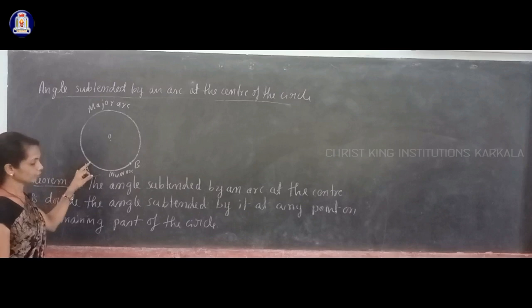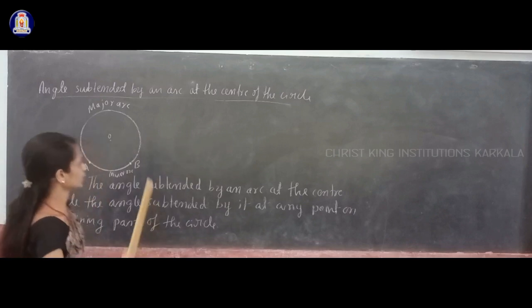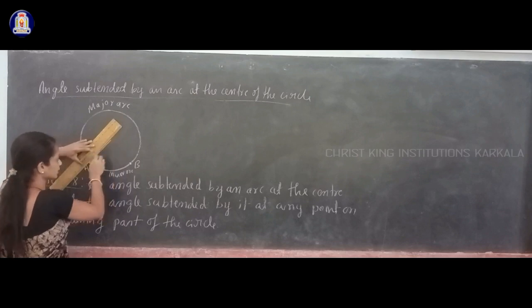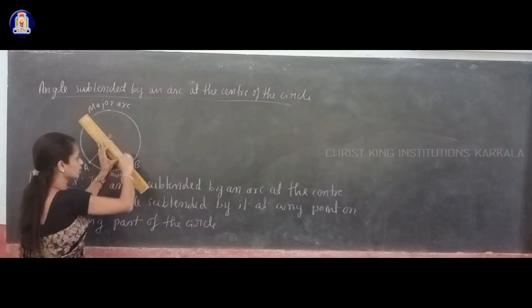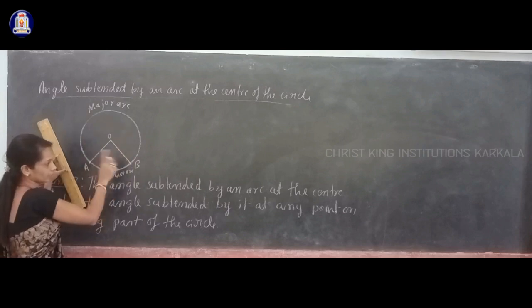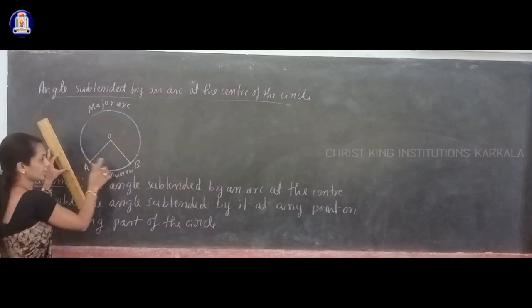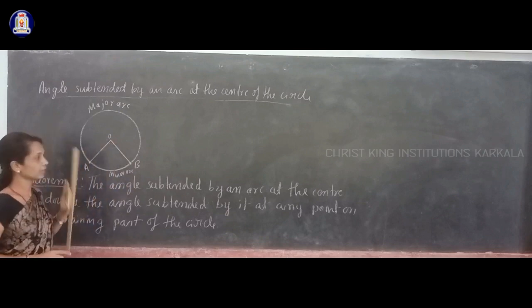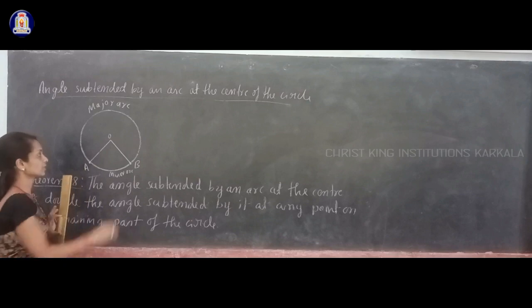What are the end points of that arc? Both arcs' end points are A and B. If you join these end points with the center of the circle, then you have two angles at the center.